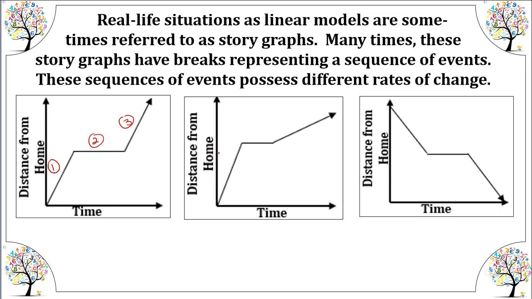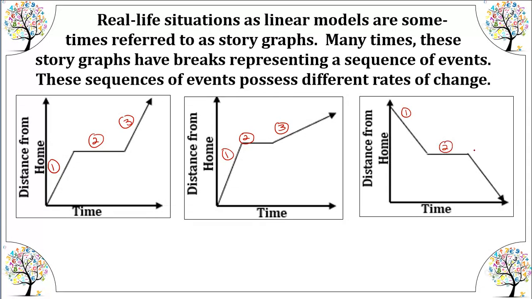In our second graph, it's the same situation. However, you can see in the first interval, this individual was going much faster than the third. The third interval shows a slower rate of change. Then in our last example, you can see this individual started away from home and they are going closer to their home.